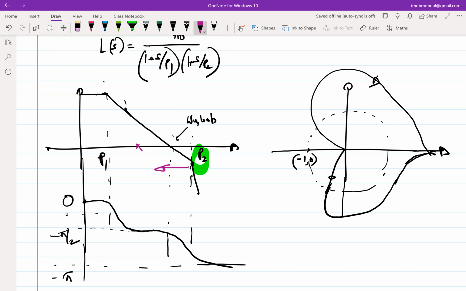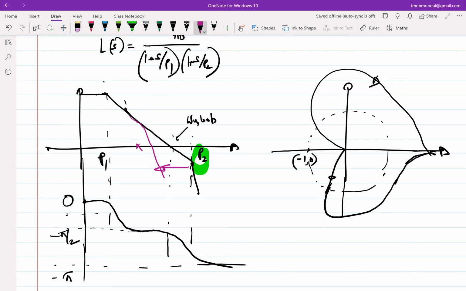So it will become something like this. If this is the case, how do you think the original Nyquist plot will get modified? All we are interested in is figuring out where I am cutting the unit circle.